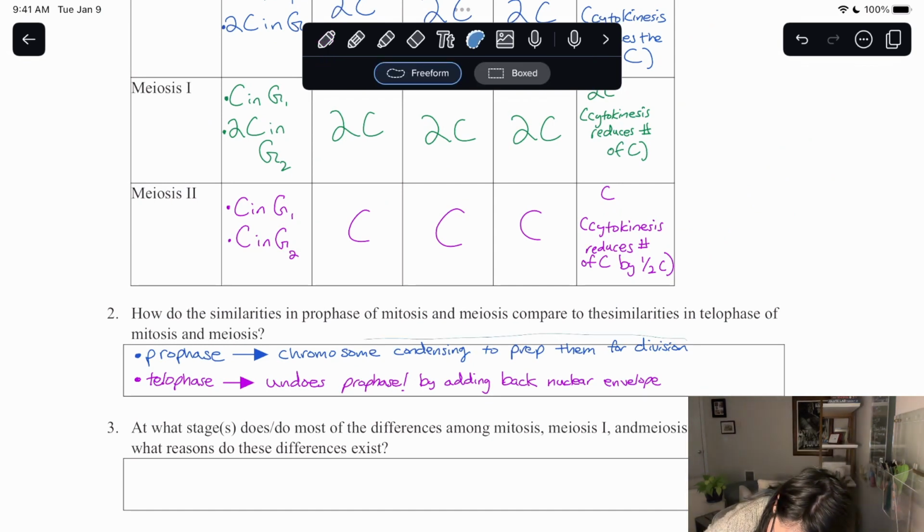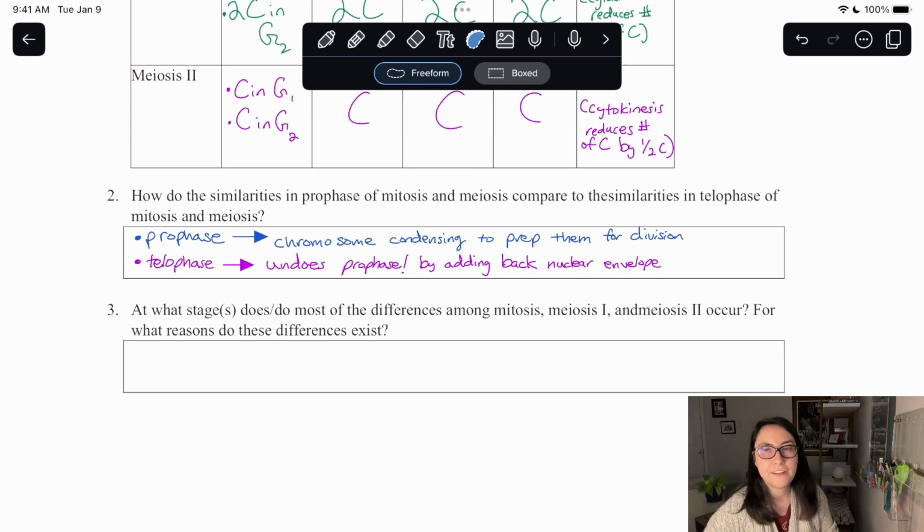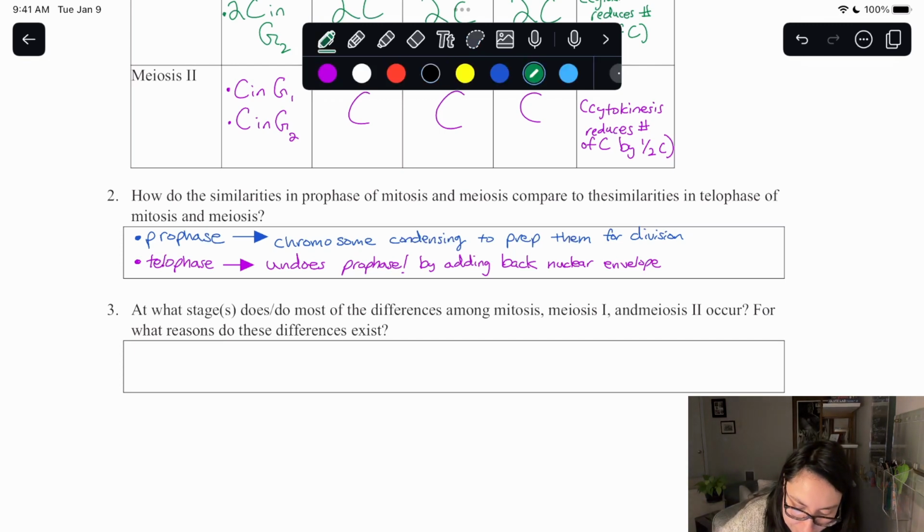I'm just going to move that down so it looks just a little bit prettier for y'all. All right. So basically that's all it's asking for. It's like, what's the similarities and differences? Bottom line is that telophase is the opposite of prophase. So whatever you're doing in prophase at first is going to be undone in telophase. It's like, thanks, buddy. You're neat.